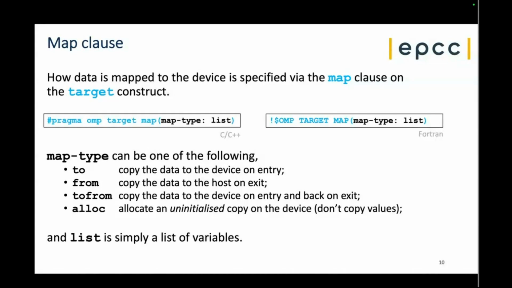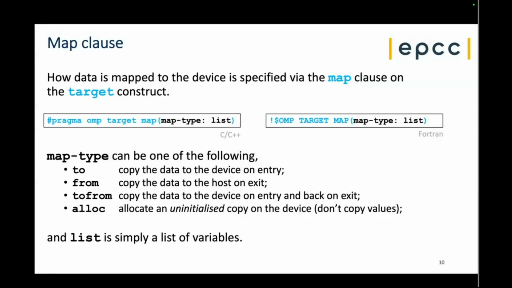So you have your pragma omp as usual, followed by target, which essentially means this is something that involves the device, so the GPU, then followed by map. Map means I need to do some mapping between the CPU and the GPU.